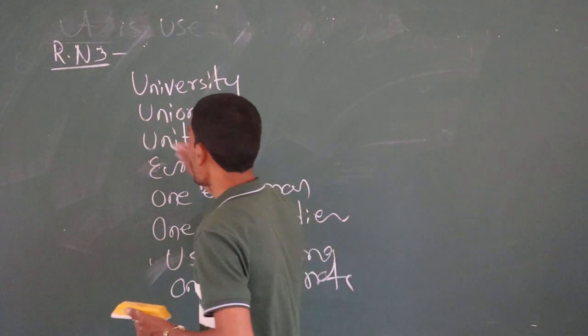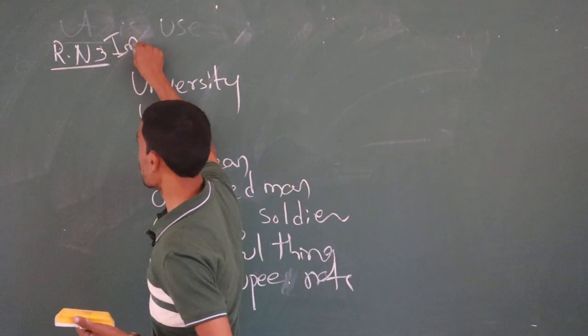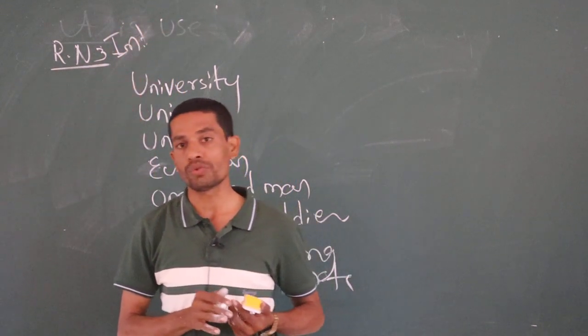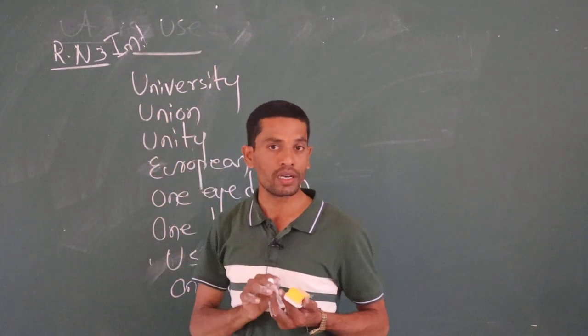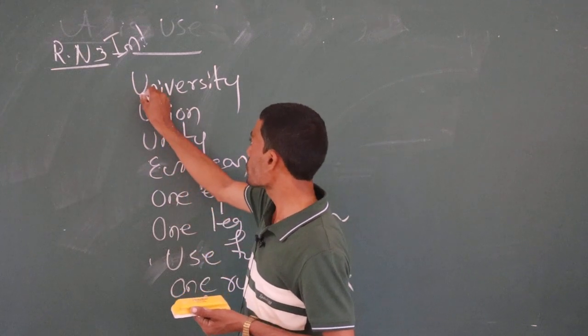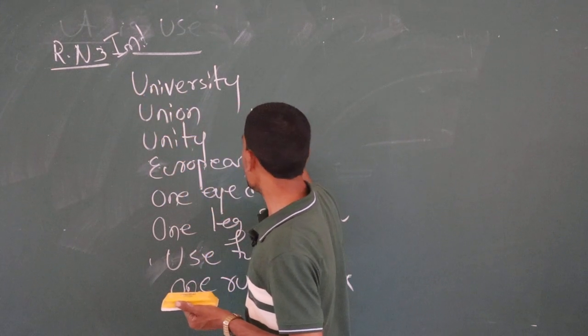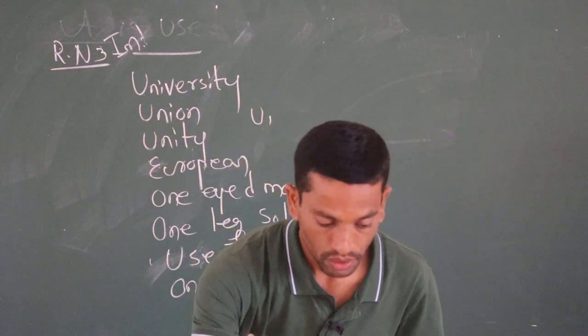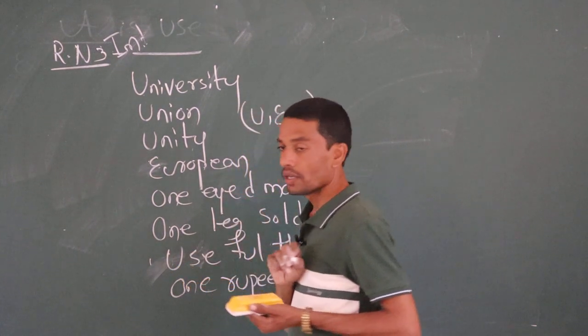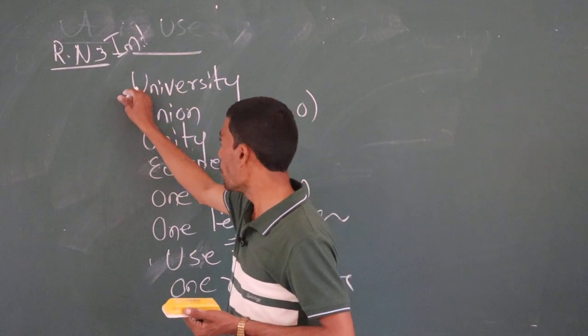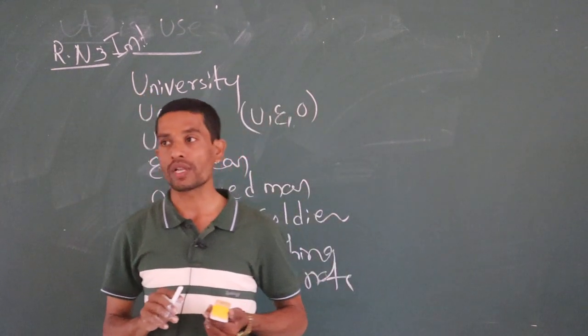So, this is a very important rule, students. Already we know that before consonants we have to use a article, but here a little bit of exception is there. Here some words start with U, E and O. These words actually look like vowels but are pronounced like consonants.